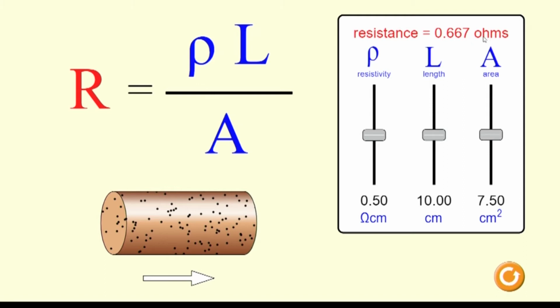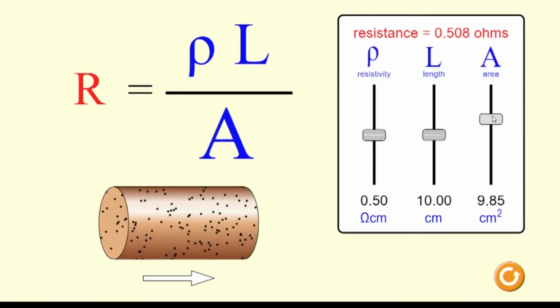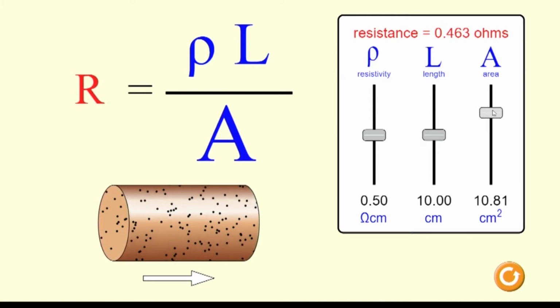As you can see, the resistance is 0.667 ohms and the area of cross section is 7.50 centimeters square. So this wire has a thickness of 7.5 centimeters square. Now just observe the resistance. What is happening to the area of cross section? It is increasing. The wire is becoming thicker or wider, and the resistance is decreasing, as you can observe, to around 0.4 ohms.